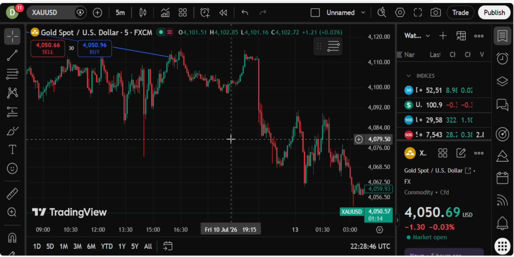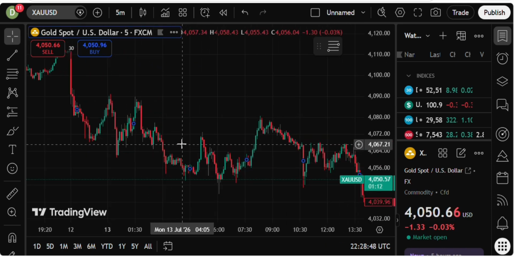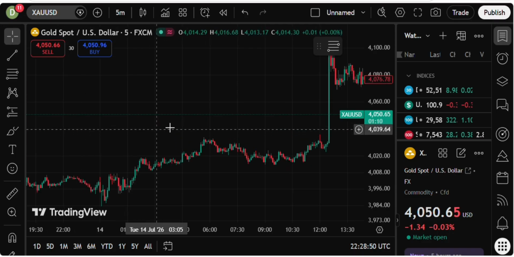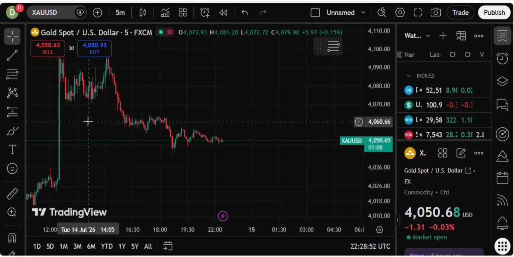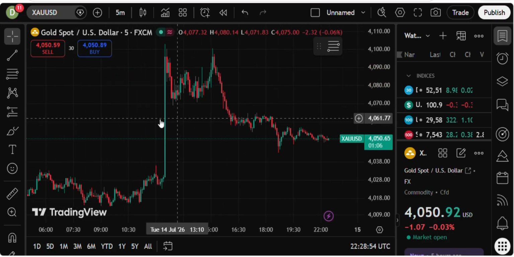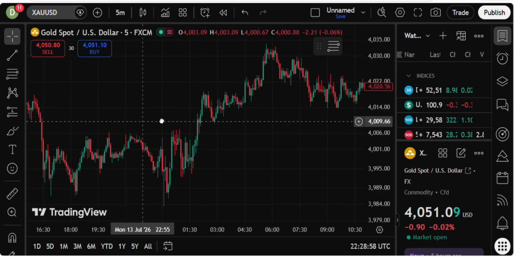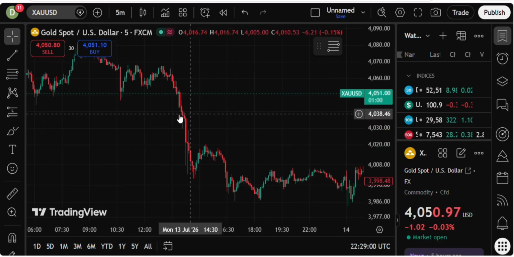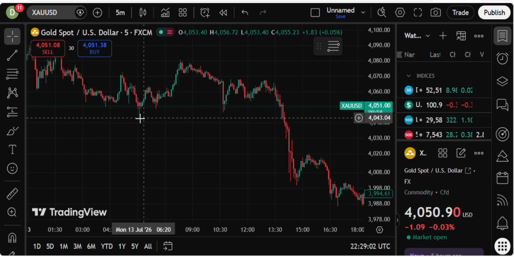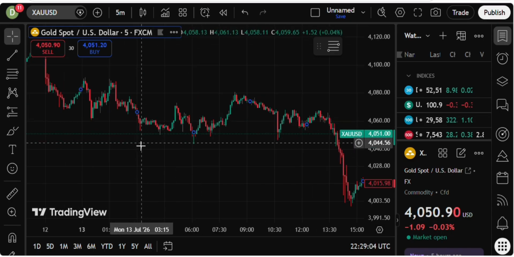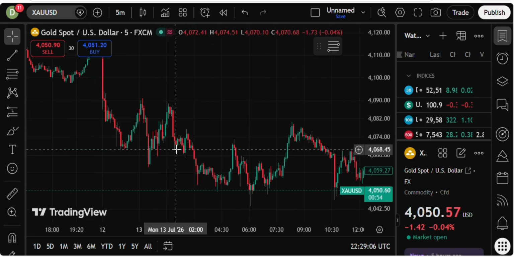Okay, so this is technical analysis. This is what a chart looks like. And as you can see, technical analysis tells us that history repeats itself. You understand?